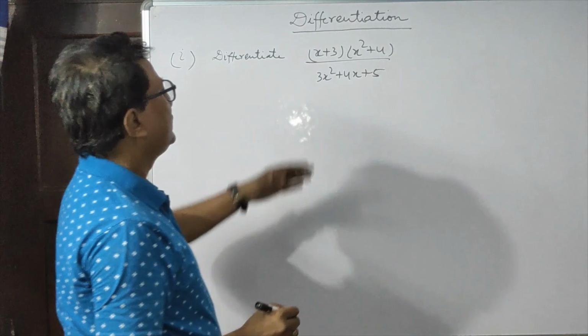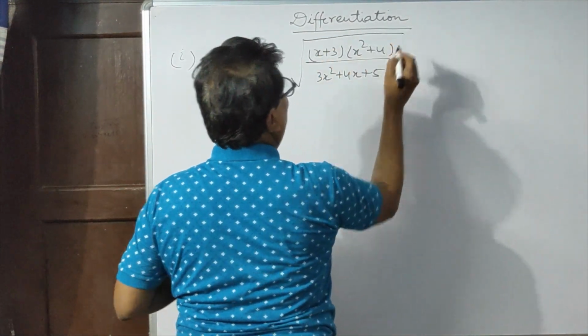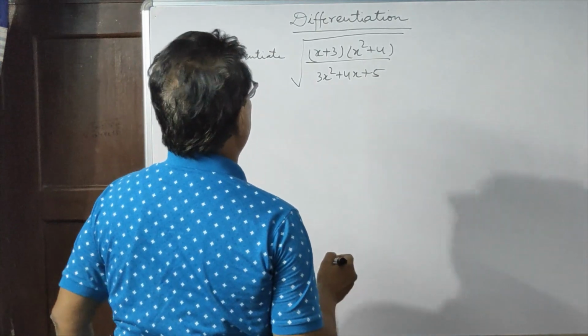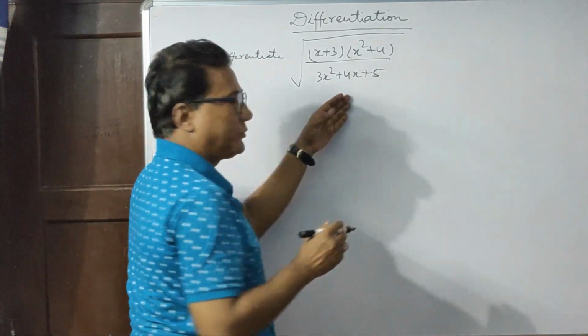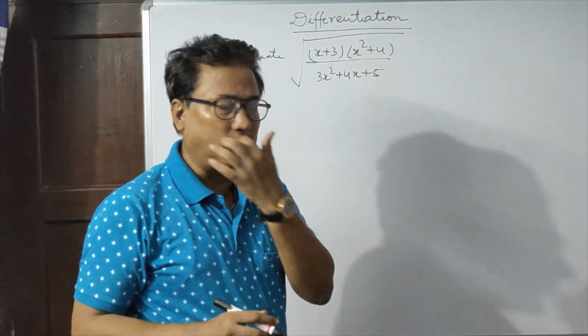If you get this to differentiate, under a square root, you have to solve this problem. Then how will you solve this?